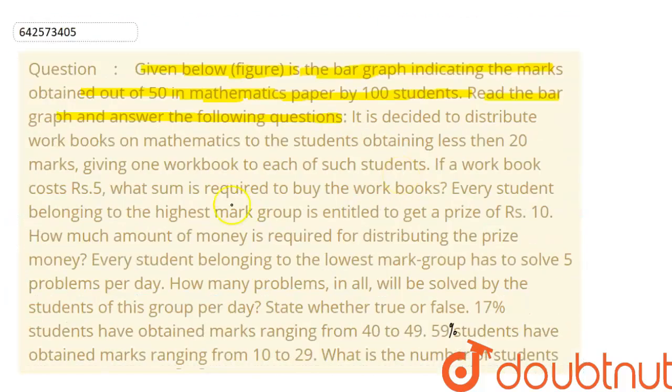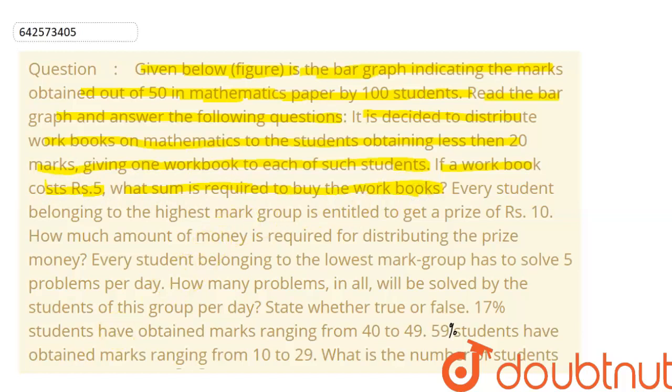Here we are asked that it is decided to distribute workbooks on mathematics to the students who have obtained less than 20 marks, and they need to give one workbook to each of such students. If a workbook costs ₹5, then we need to find the sum required by the school to buy the workbooks.